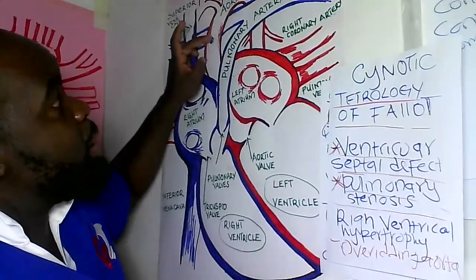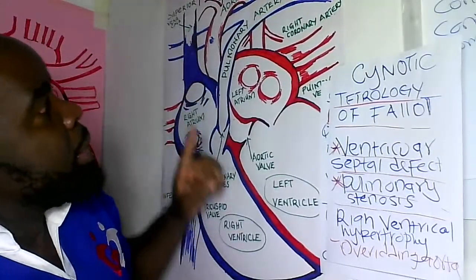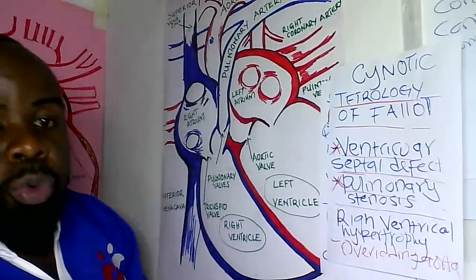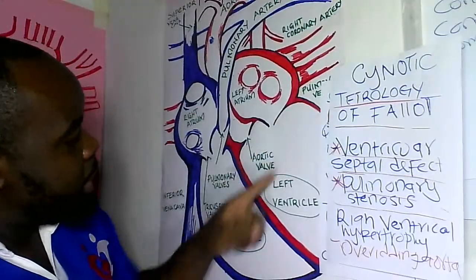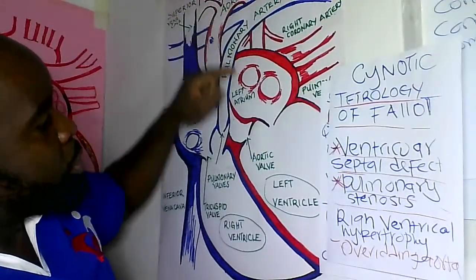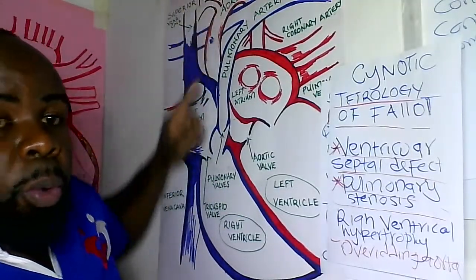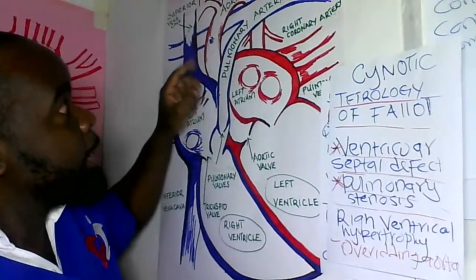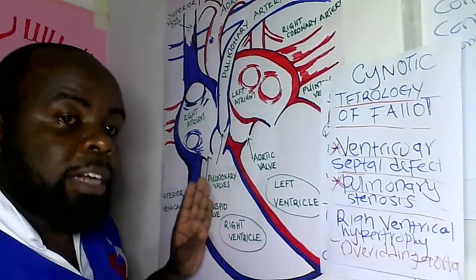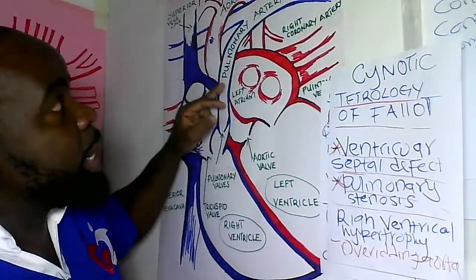With overriding aorta, the aorta comes here and this one here, it means that this one will be picking deoxygenated blood going to the body, so you get low oxygen. And the one that is supposed to take blood to the system is now the pulmonary artery.